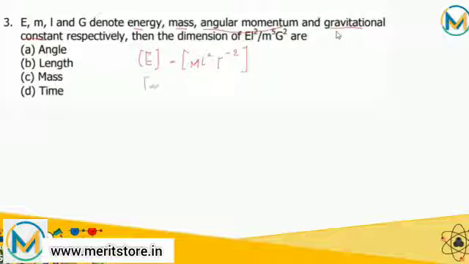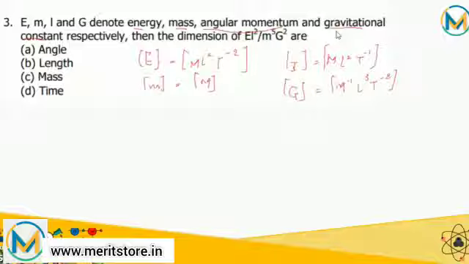The dimension of mass is M. The dimension of I, angular momentum, is M L square T raised to minus 1. And G, the gravitational constant, has dimension M inverse L cube T raised to minus 2.